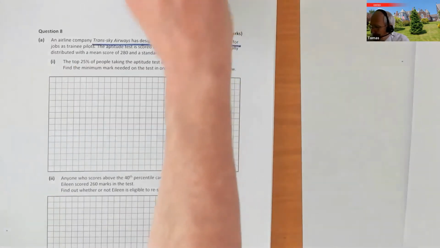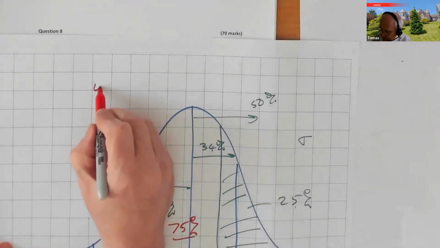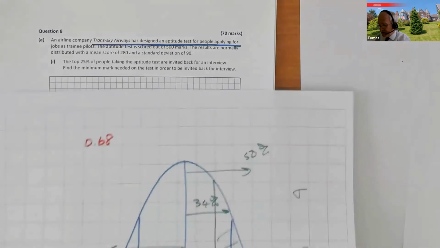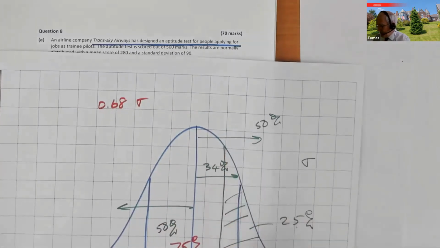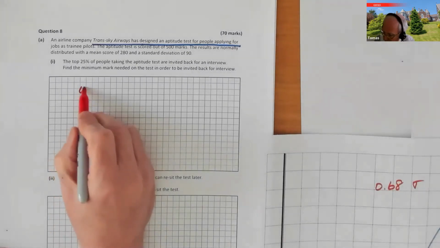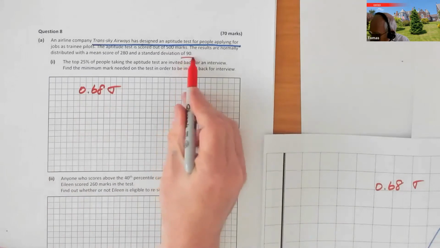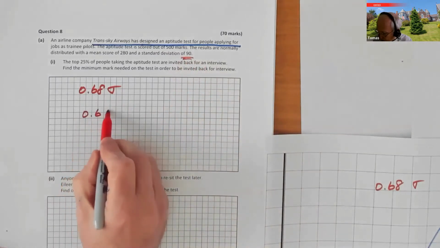So it says 0.68, not a full standard deviation. 0.68 of a standard deviation is where this breaks off. Now we have to go back into the question. So we said 0.68 of a standard deviation. The standard deviation was given as 90, so 0.68 times 90.